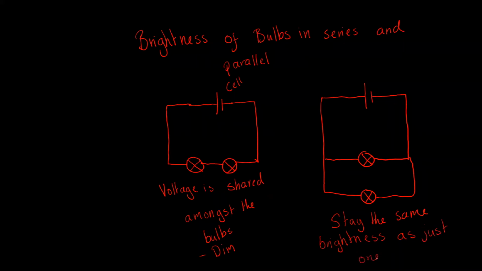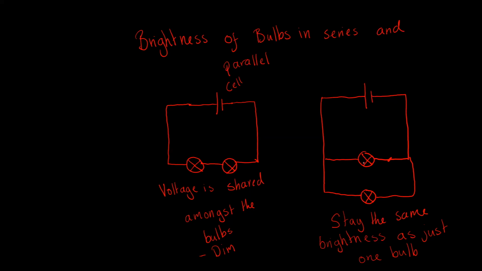So you can probably tell that in reality, in a house or business or anything like that, most things will be connected in a parallel circuit. Also, if there was a break in the circuit here, this bulb would stay on.